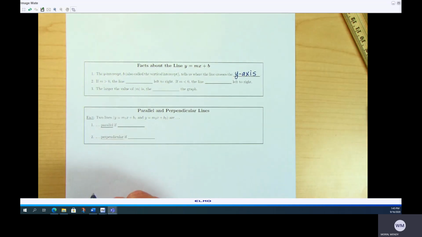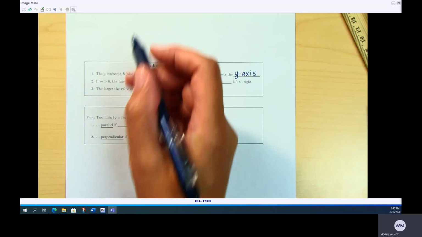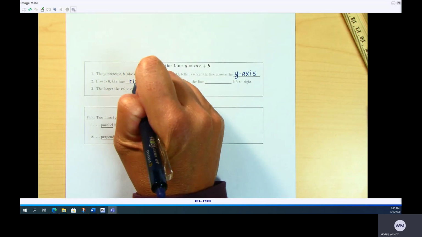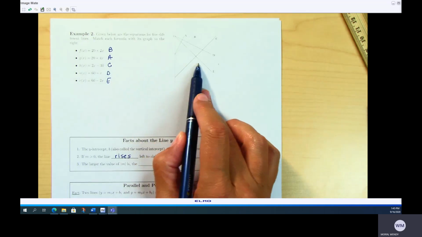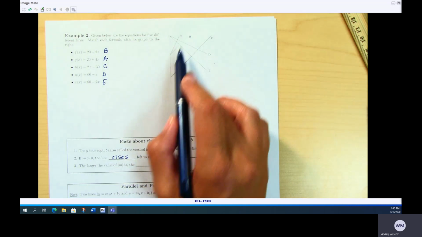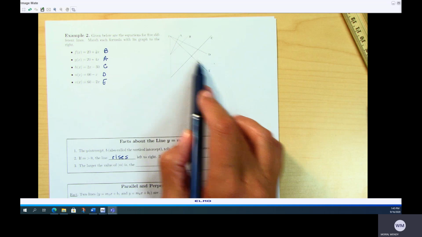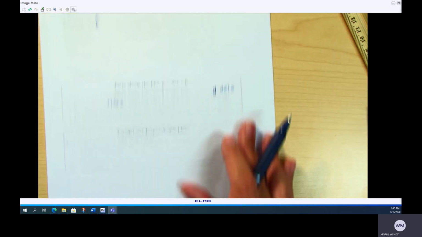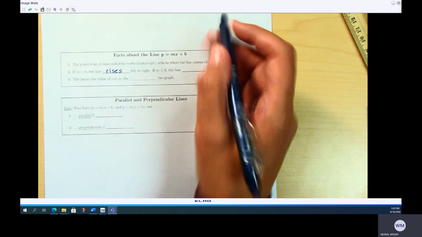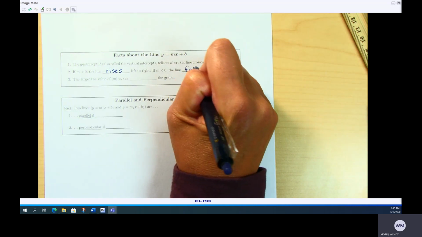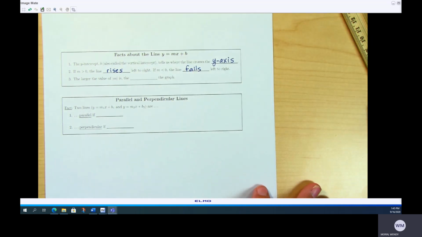When your slope is positive, the line rises left to right. So as you read the line, is the line rising? Or as you read this way, is the line falling? When the slope is less than 0, the line falls left to right.